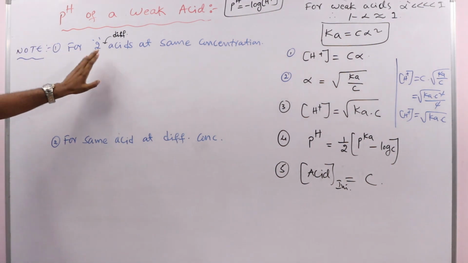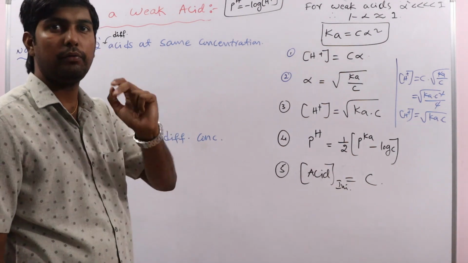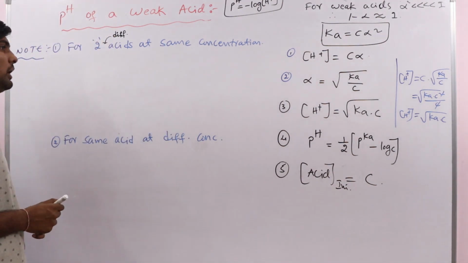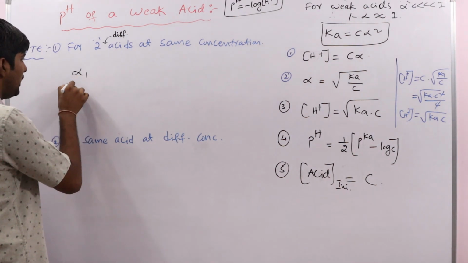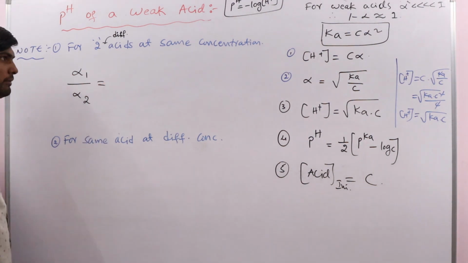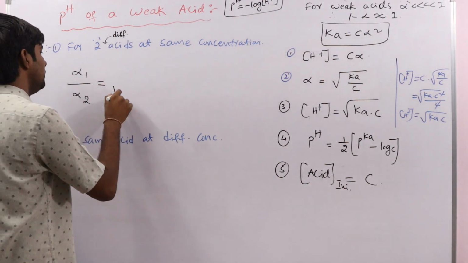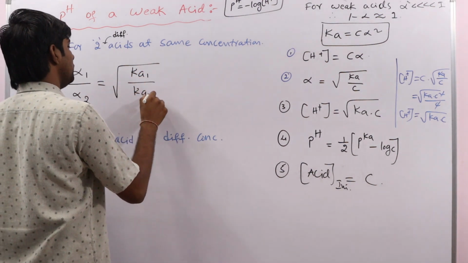Suppose we have two different acids with same concentration. Then we have a relation that degree of dissociation of first acid by degree of dissociation of second acid is equal to square root of Ka1 by Ka2.